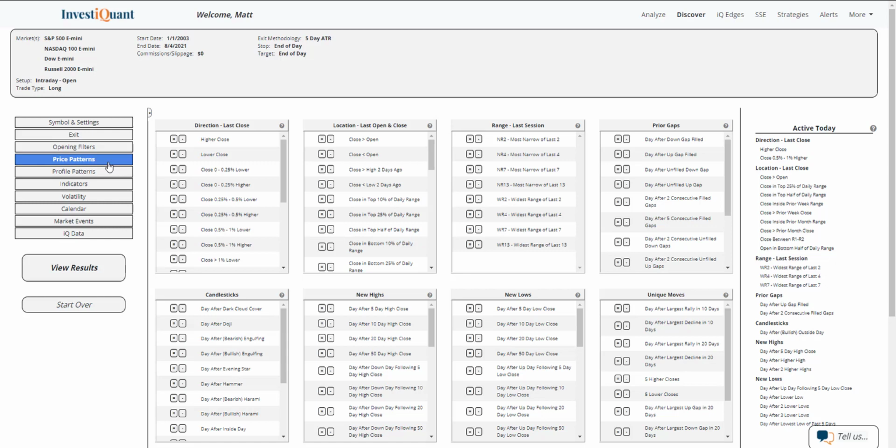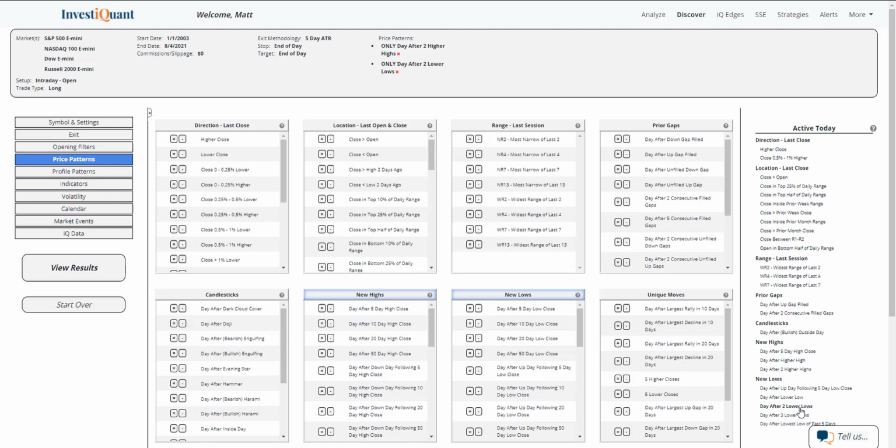If you have two consecutive higher highs, which I can grab from this active today section by clicking day after two higher highs, and you have two consecutive lower lows, then that creates back-to-back outside day patterns where the most recent outside day is larger than the one before.